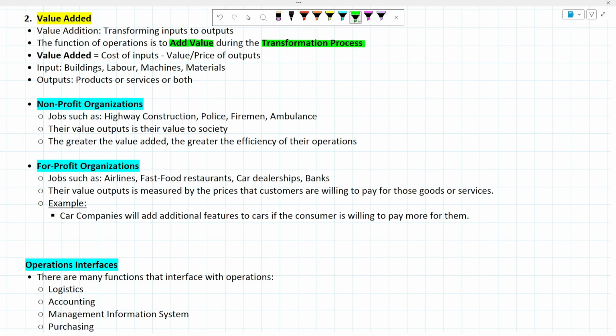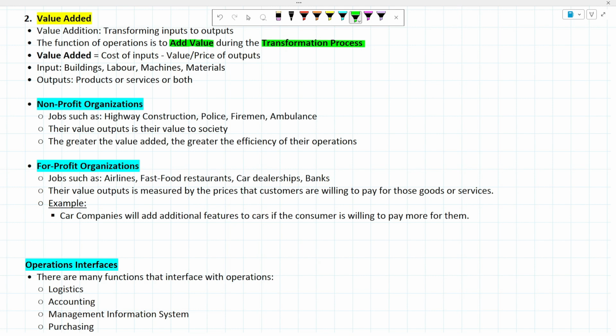For for-profit organizations, jobs such as airlines, fast food restaurants, car dealerships, banks, their value output is measured by the prices that customers are willing to pay for those goods or services. An example of this is car companies will add additional features to cars if the consumer is willing to pay more for them, such as a sunroof, or maybe the seating or the cushions of the car itself.